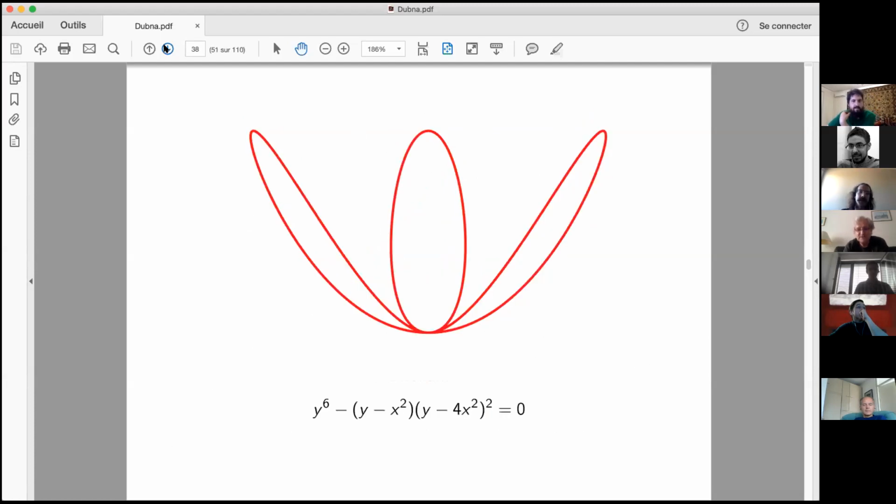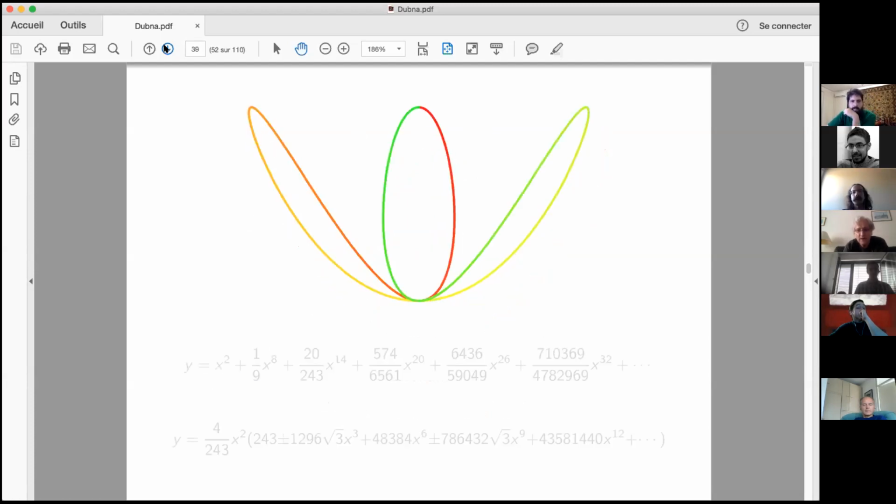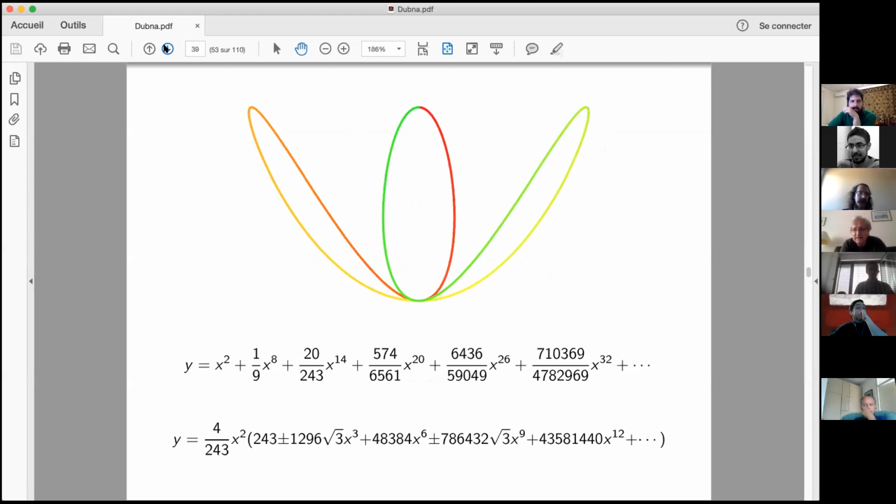The curve, which is here, locally, you can parameterize it by three formal series. You can see the yellow one on the bottom. You can see the green one, which goes from the left part of this kind of ellipse and going up on the right.